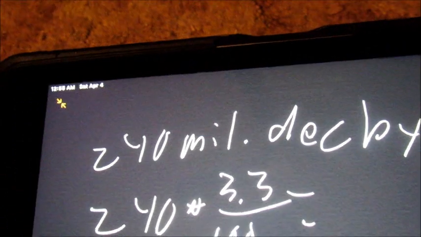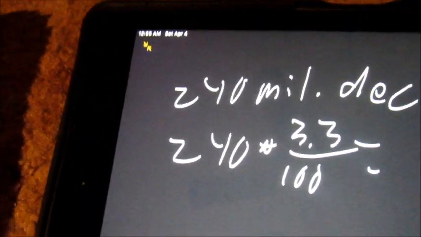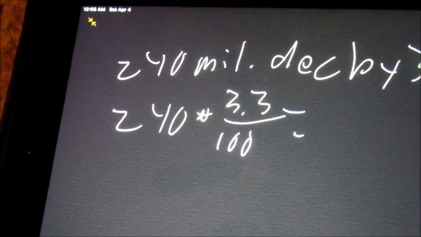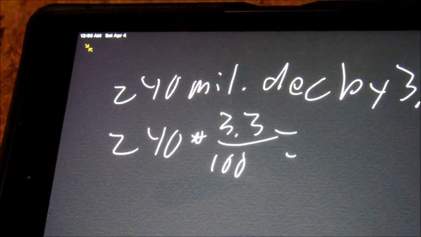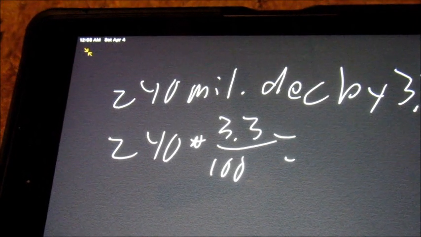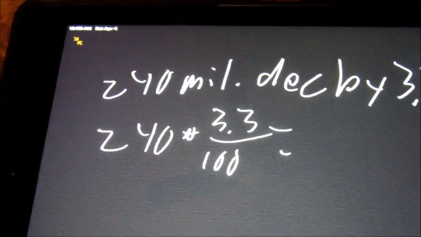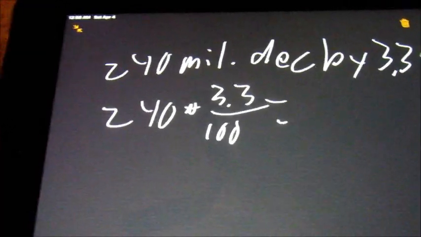Let me see, make sure here. We're going to have 3.3 times 240. Okay, so it equals 7.92 million.